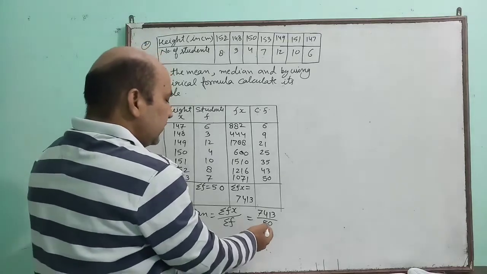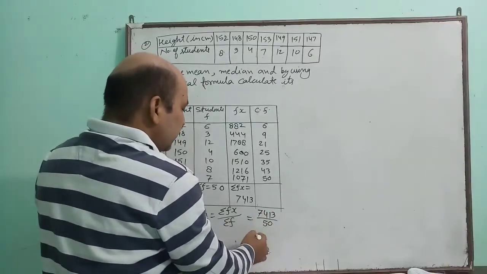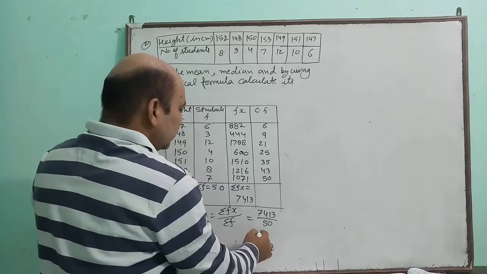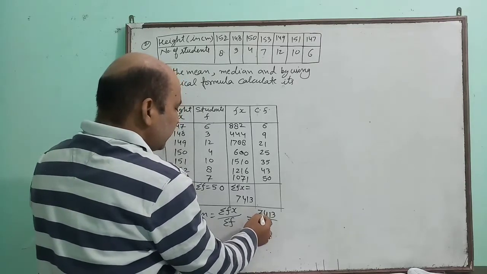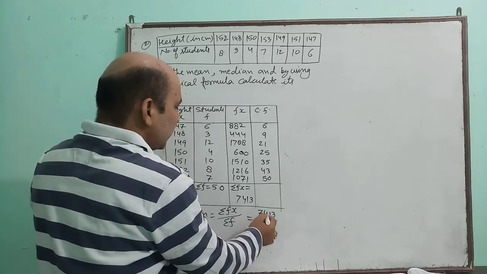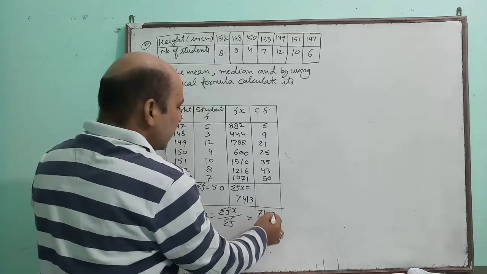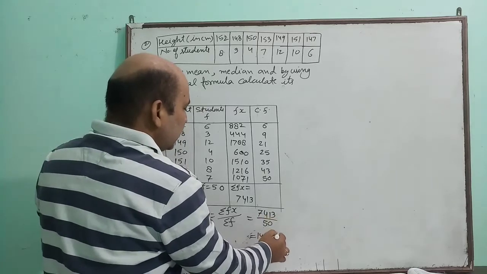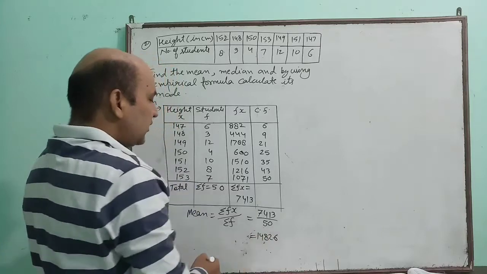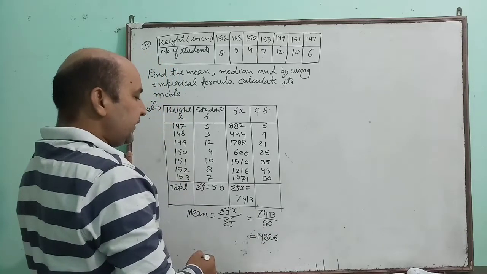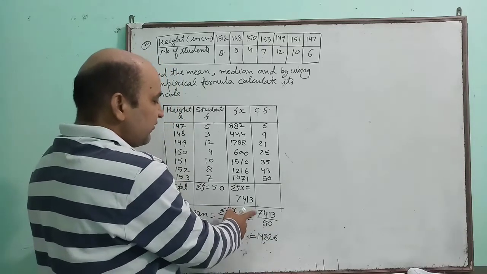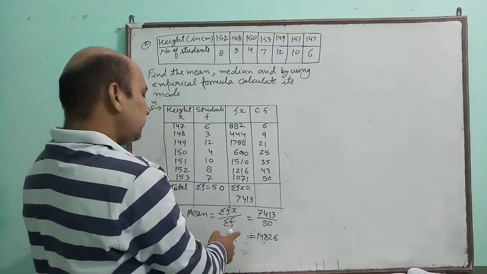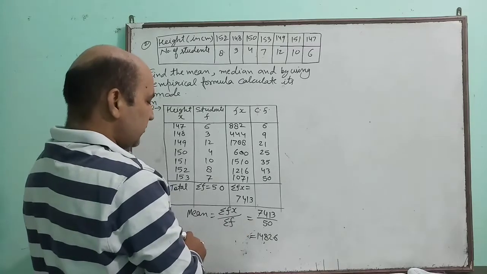When we divide 7413 by 50, we will get 148.26.